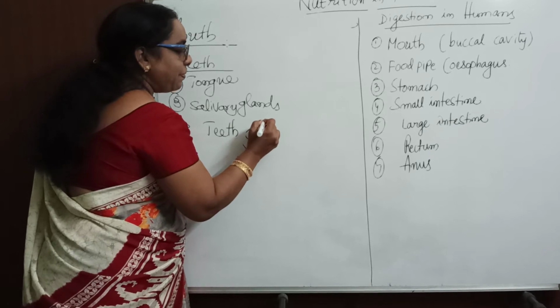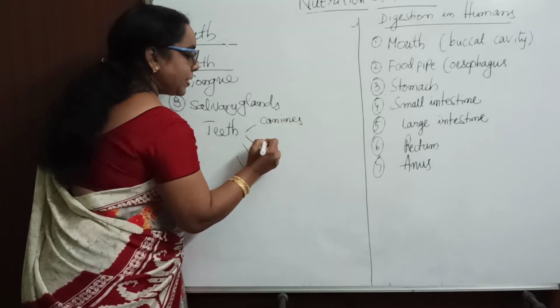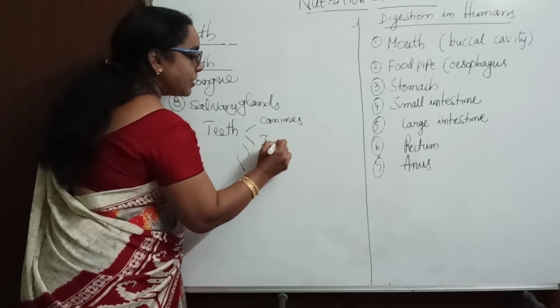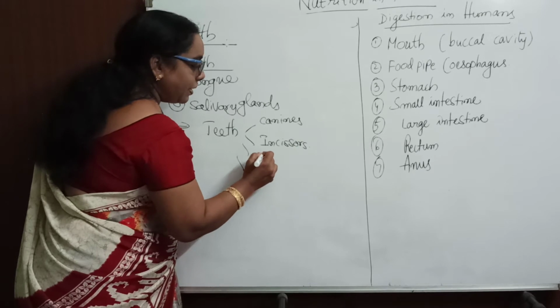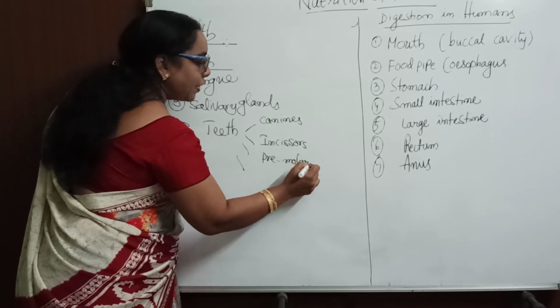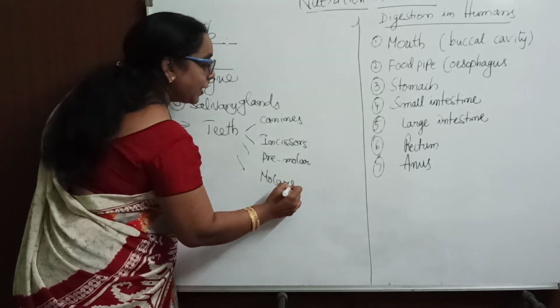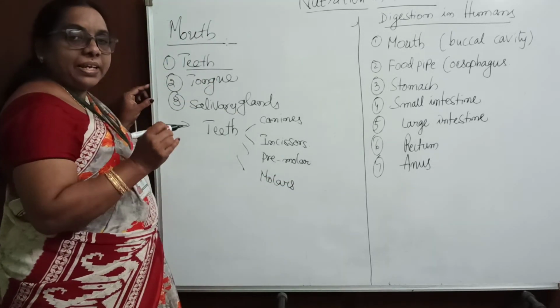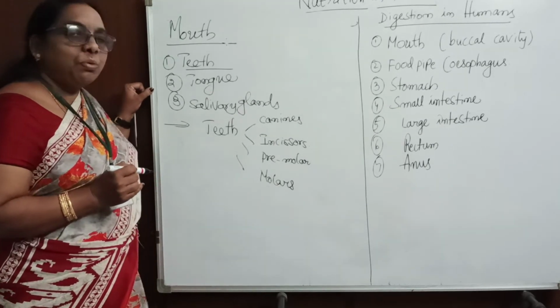The first one is canines. The second type of teeth are called incisors, the third one is premolars, and the fourth one is molars. Canines, incisors, premolars and molars.